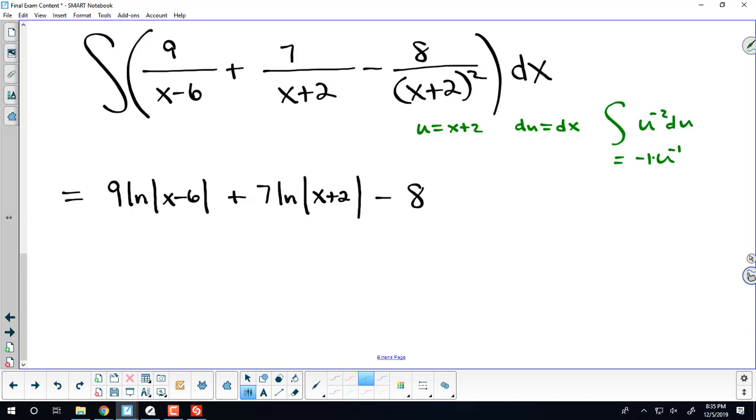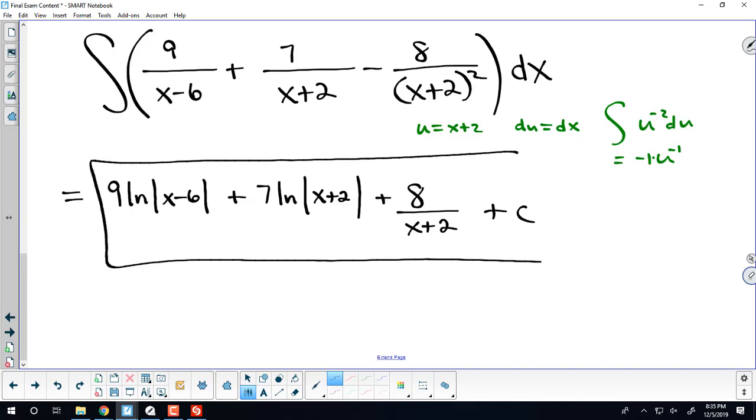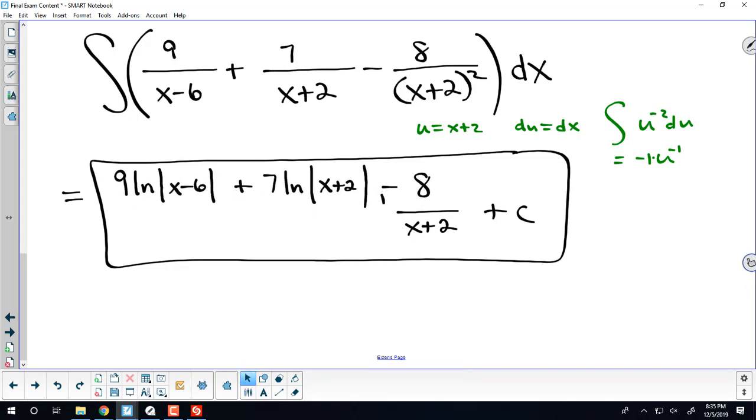So we get our -8 times -1, u to the -1, or 1 over x plus 2.